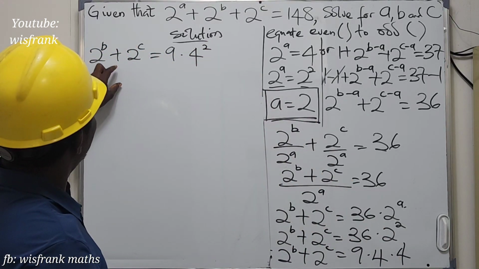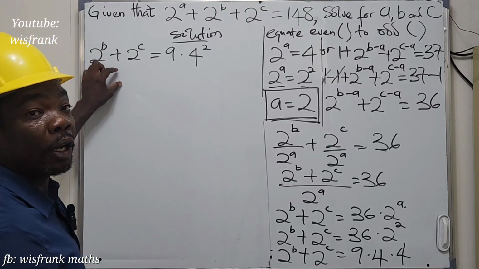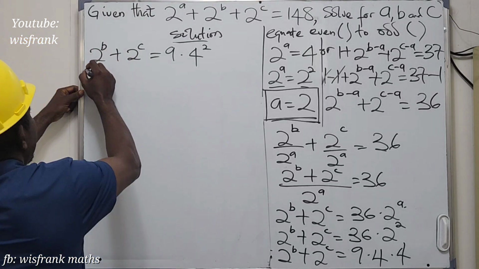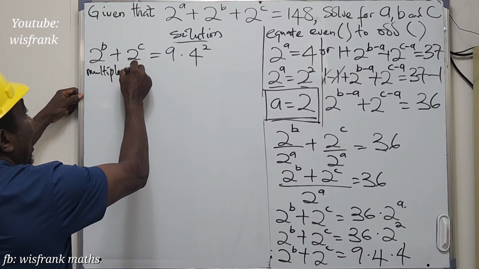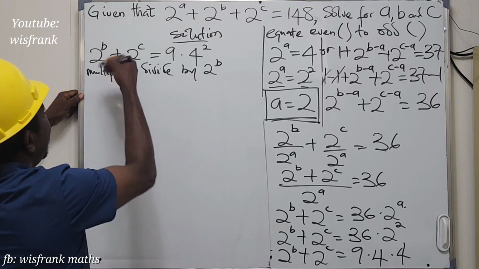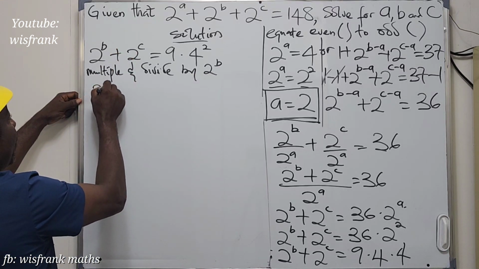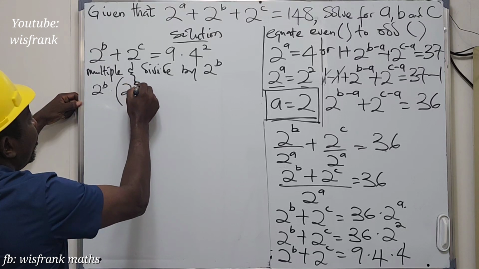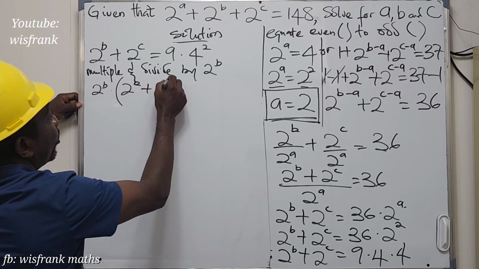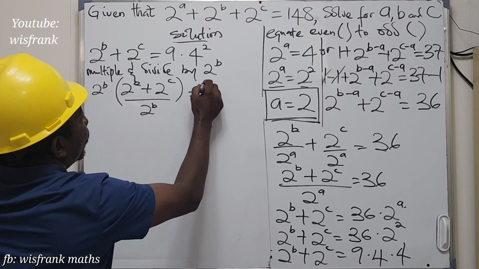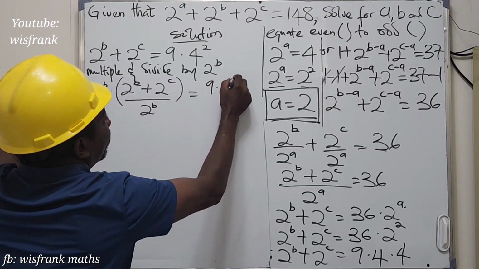Here, we can multiply and divide by 2 to the power of b. So in that case, we have 2 to the power of b plus 2 to the power of c all over 2 to the power of b equals 9 times 4 to the power of 2.